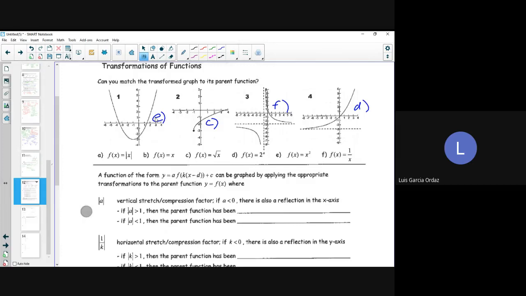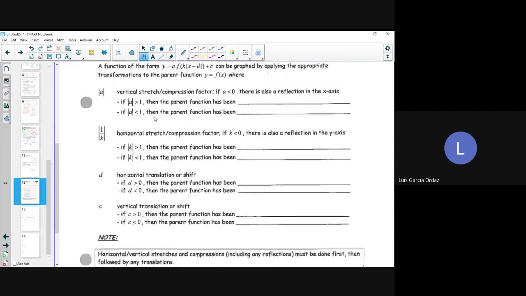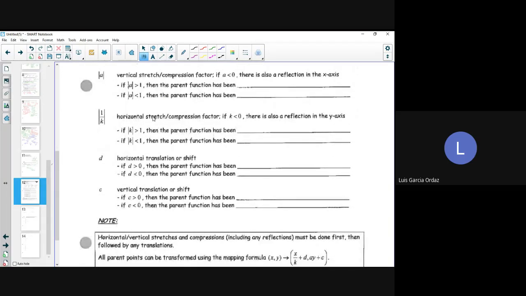So obviously, these are the parent functions, but the graphs have been transformed, and that's what we're going to look at for this lesson. So we have our equation at the top over here.